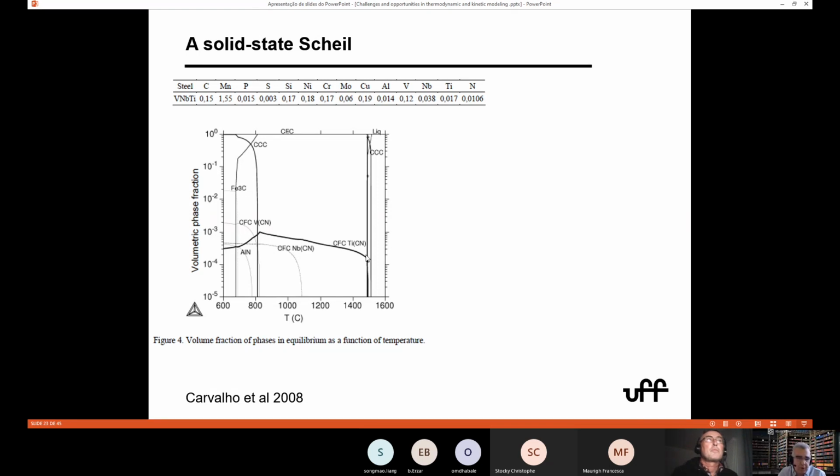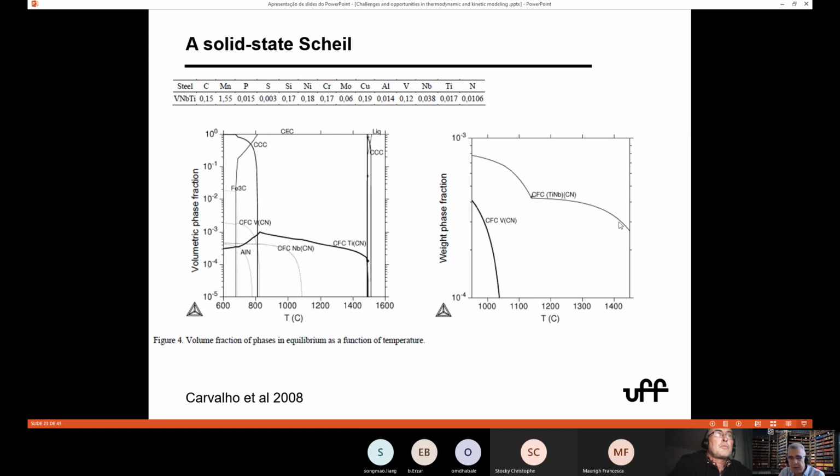Instead of having this change where you have one titanium particle, then precipitating another different phase here, and then a third phase, what we found was we had a phase that was precipitated, then at a certain temperature, boom, it started to grow at a different rate and with a different composition. And then finally you had your vanadium.